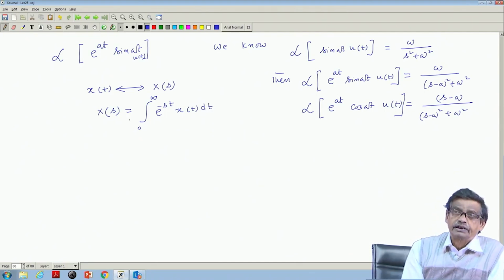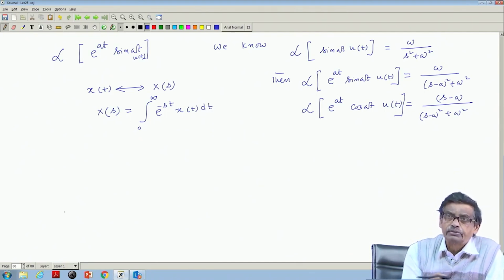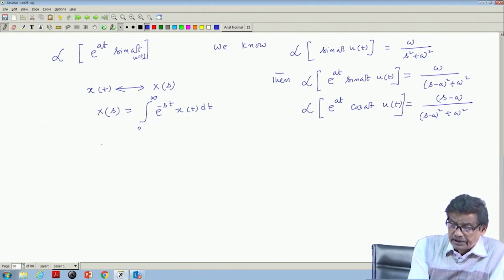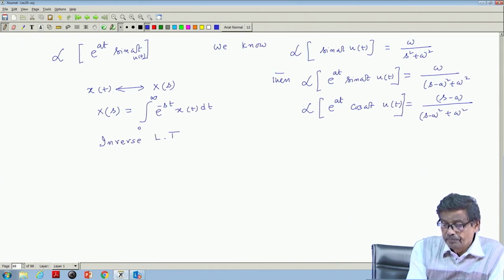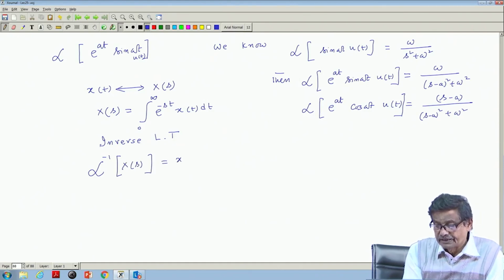What is the inverse relationship? That is, if I know x s, what should be x t? I will simply write down, without proving anything, that the Laplace inverse of x s is equal to x t. It will give you x t. Now, what is this operation, Laplace inverse?